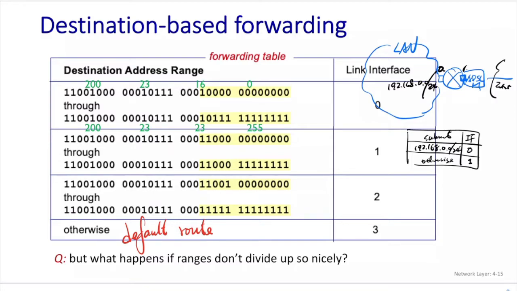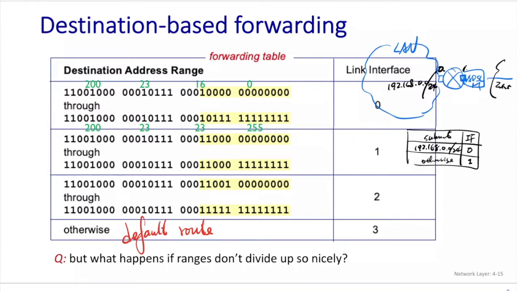If a router gets a packet, it will check its destination IP address and see if it falls into the range of, take this example, 200.23.16.0 to 200.23.23.255. If the destination falls into this range, this packet should be forwarded to link interface number 0, and so on and so forth.